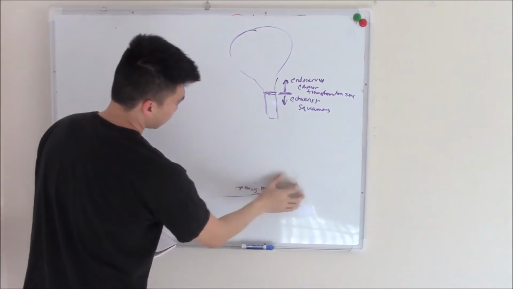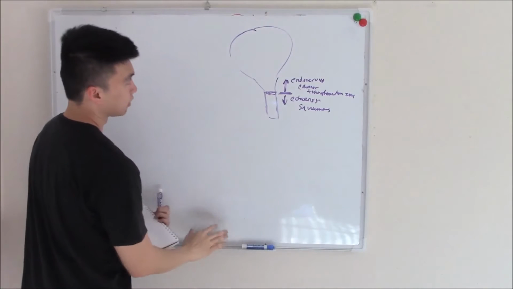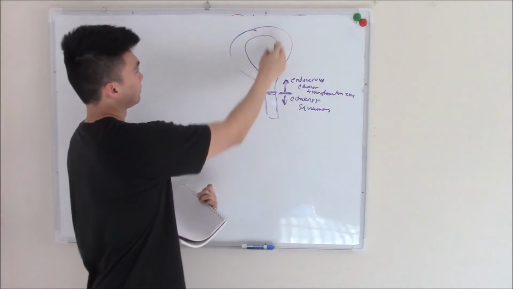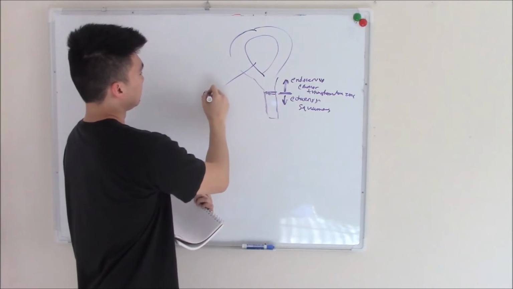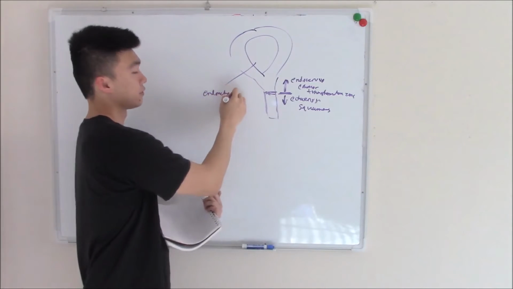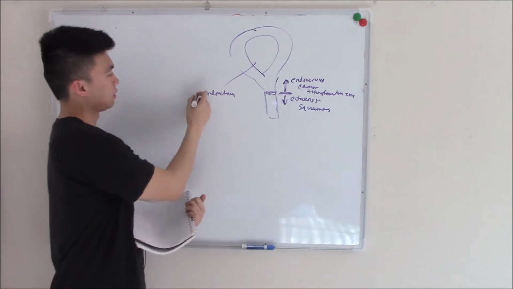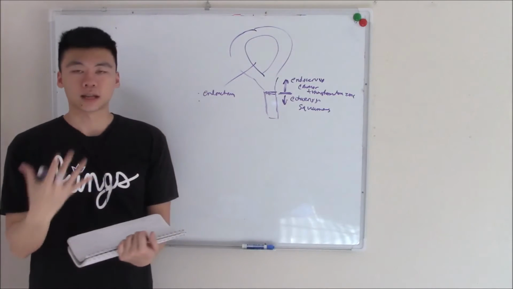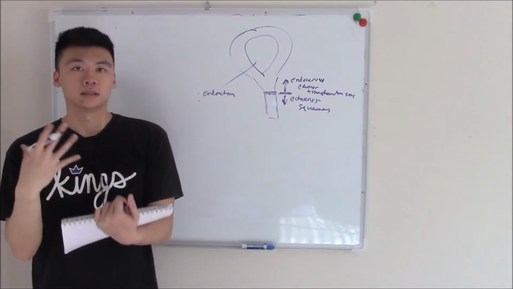Let's go into a little bit more in-depth anatomy of the uterus. Your uterus has linings. The inside lining is your endometrium. That is your functional layer. That is what grows during your cycle. That is where the baby implants.